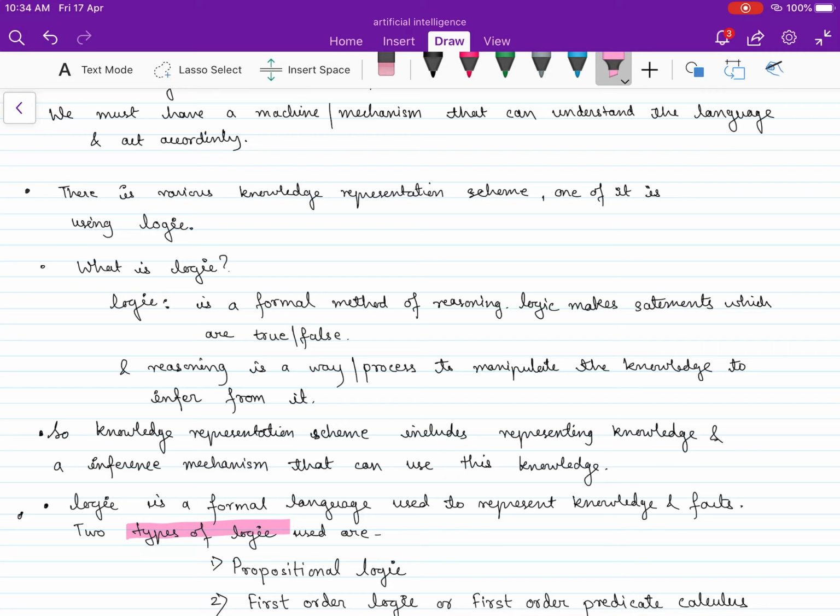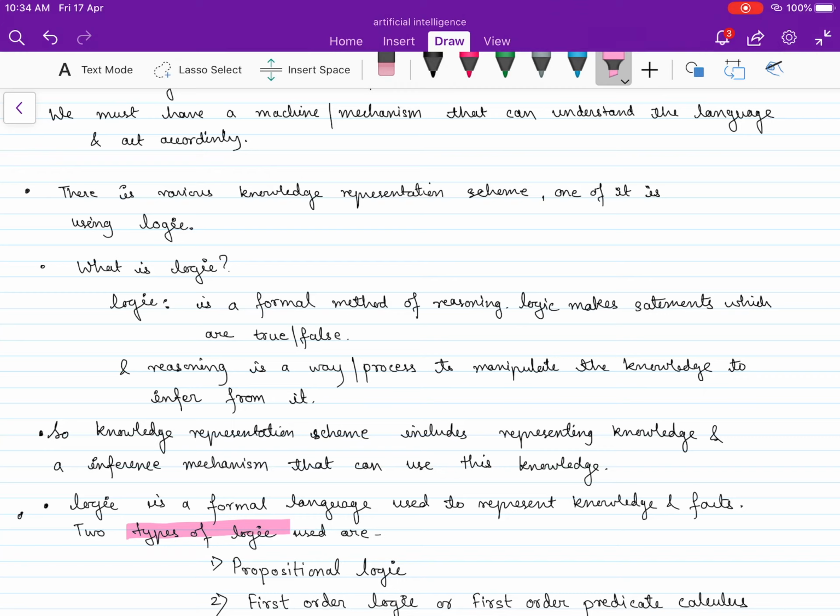Imperative sentences are not allowed in logic. And reasoning is a process to manipulate knowledge to infer something meaningful from it. So a knowledge representation scheme includes representing knowledge and the inference mechanism that can use this knowledge.